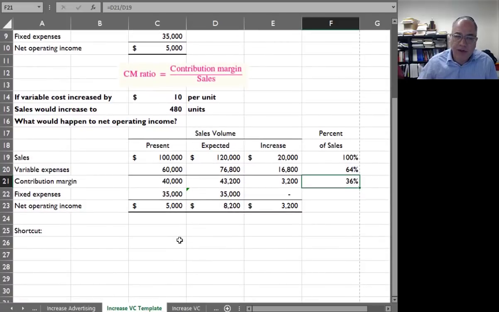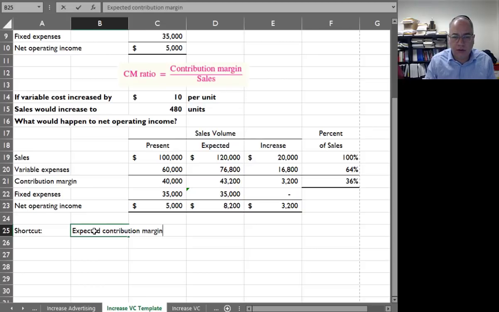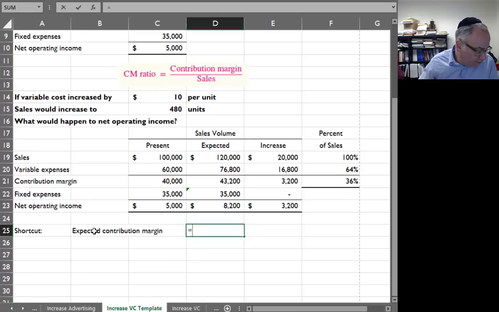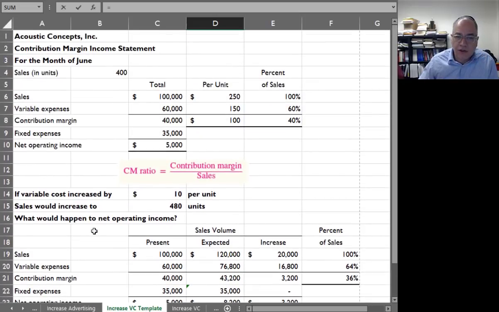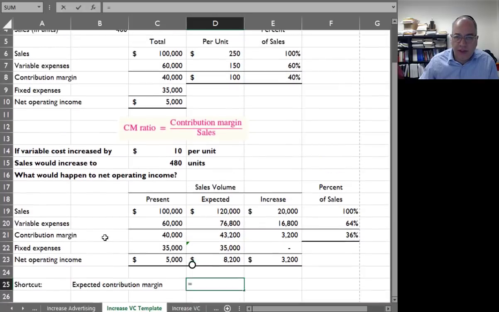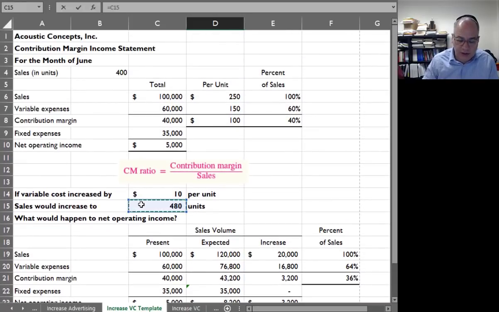And again, we could do shortcuts. So we would have an expected contribution margin from the increase under the new regime. Expected contribution margin would be 480 units times current contribution margin minus 10.